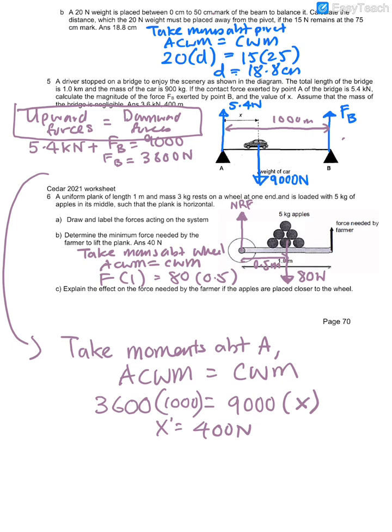You ask yourself, in physics terms, will the clockwise moments be more or will the clockwise moments be less? So shift all these apples closer here. So this clockwise moment now will be more or less?